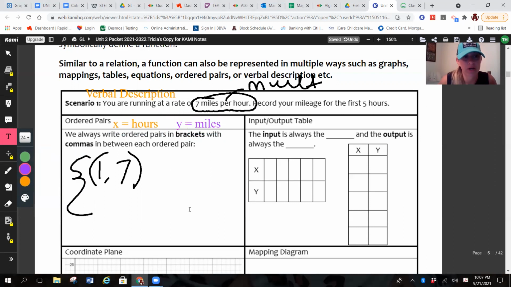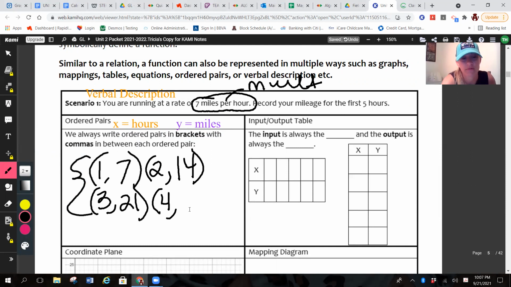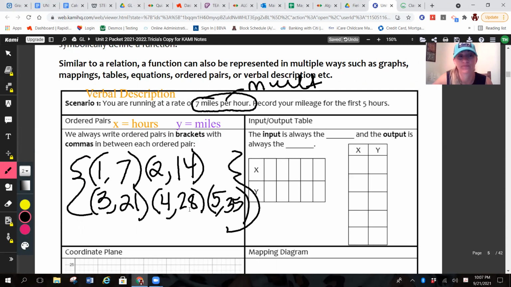Okay, now we're going to do 2 hours. 2 hours would yield 14 miles total. 3 hours would be 21 miles. 4 hours would be 28 miles. And 5 hours would be 35 miles. And then close your relation in with a bracket.